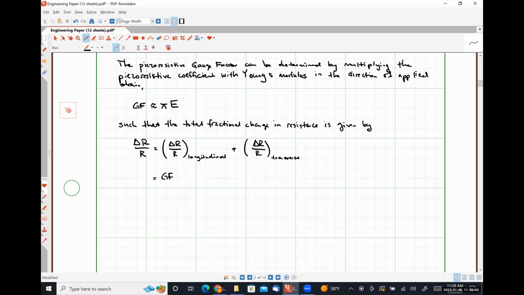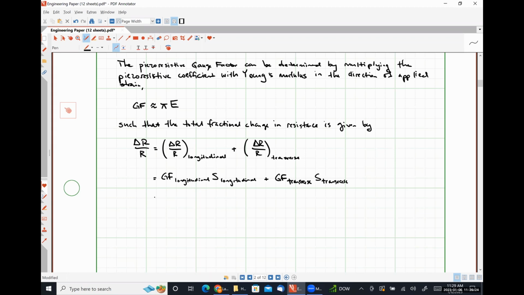So this is going to look like our longitudinal gauge factor times our longitudinal strain plus our transverse gauge factor multiplied by our transverse strain, and putting the relationship that pi E is our gauge factor and E times strain is our stress.